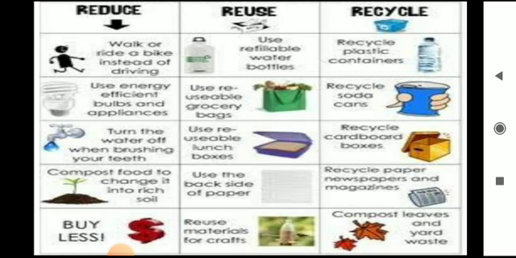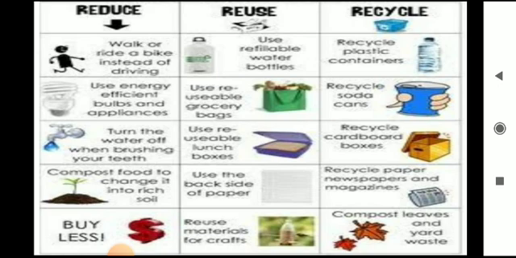Now moving towards the reducing part. Reducing means to minimize the use of something. If we are able to walk from one place to another, then it is not needed to take a bike for that. We can reduce the use of petroleum. We can also use energy efficient bulbs and appliances, and we should turn off the bulbs when not in use.